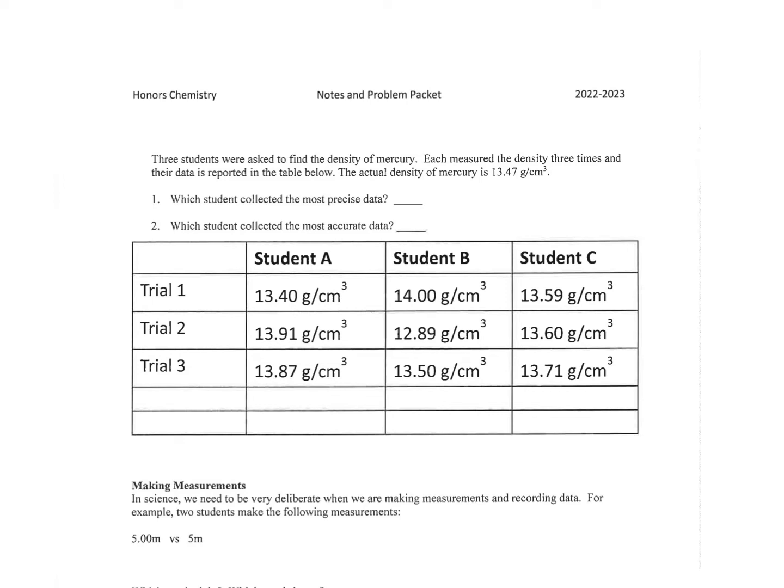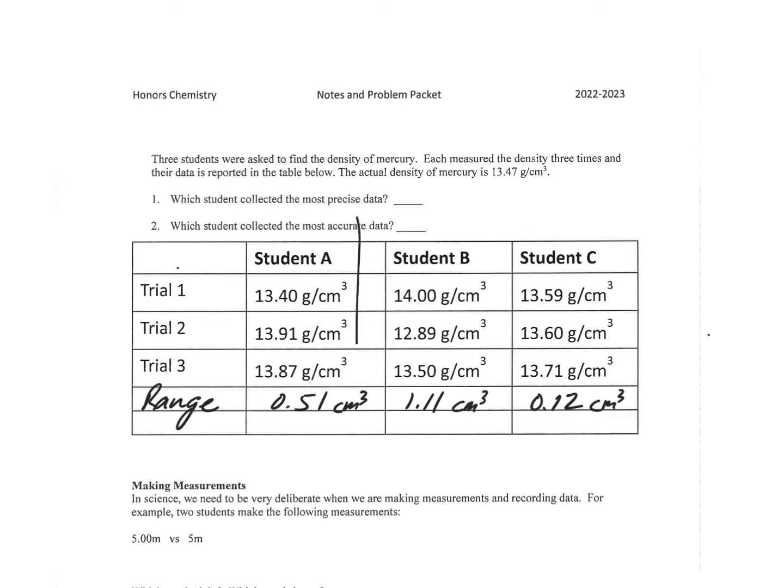Accuracy is going to be how close the average of these data points is to the actual value. Okay, so first I'm going to take a look at the range here of these data points, and we'll see what we come up with.